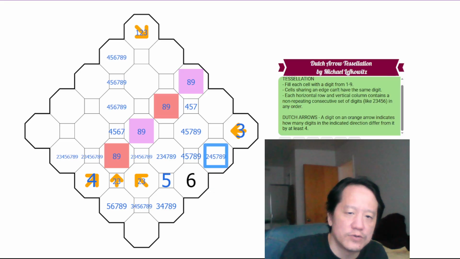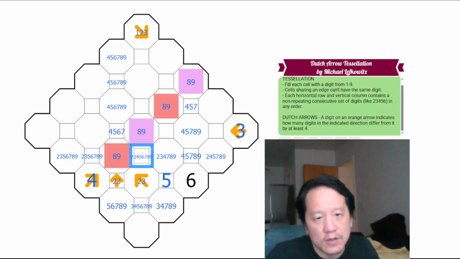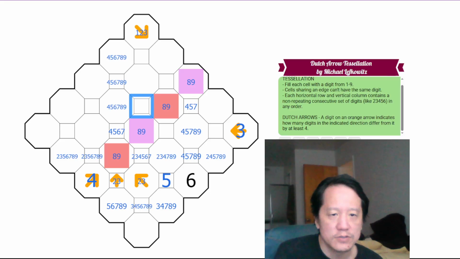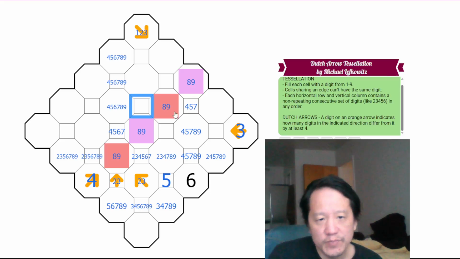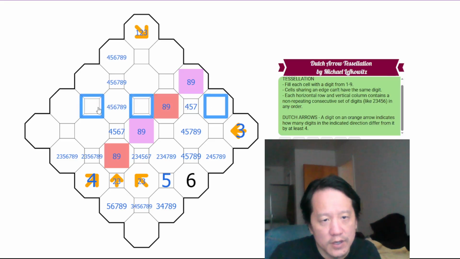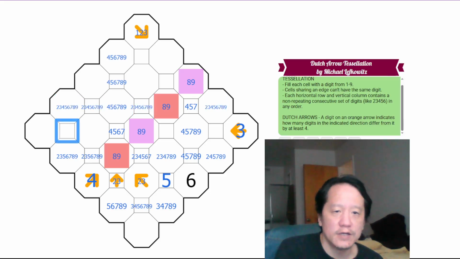No 6 here or 3. This can't be 4. This can't be 8 or 9 because they share an edge with both of these different 8 or 9 pairs. This also cannot have a 1 here. So again, these are 2 through 9.